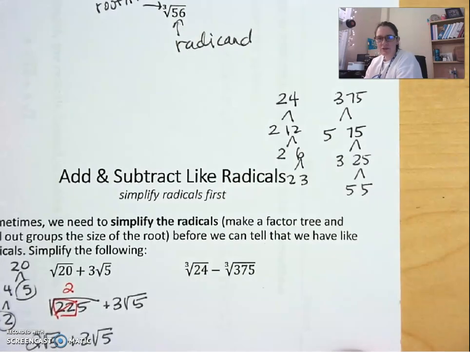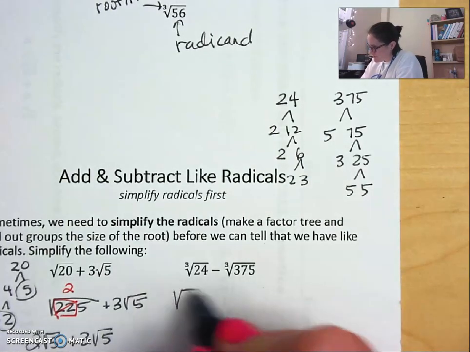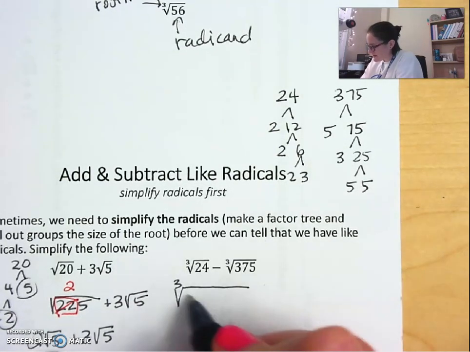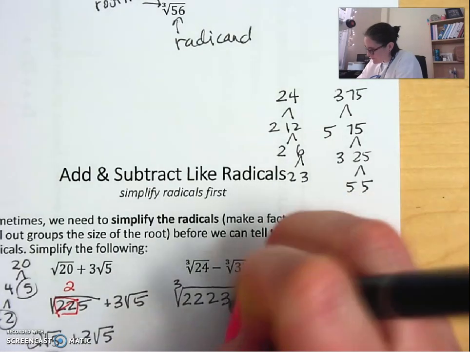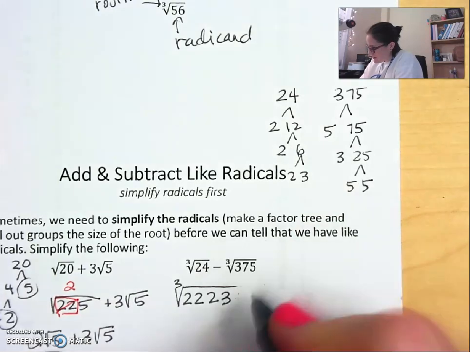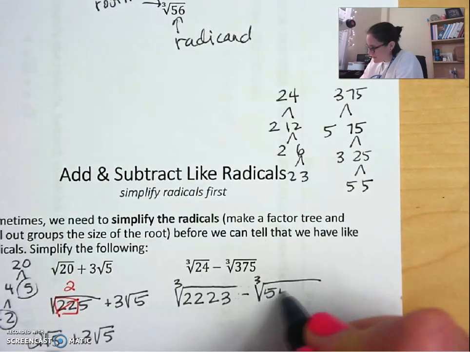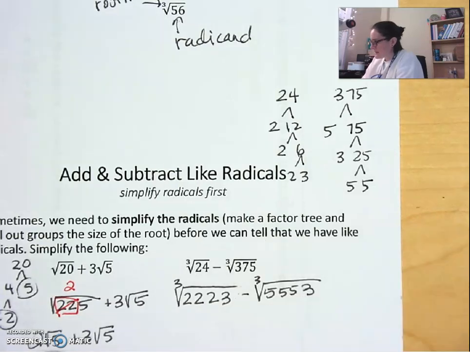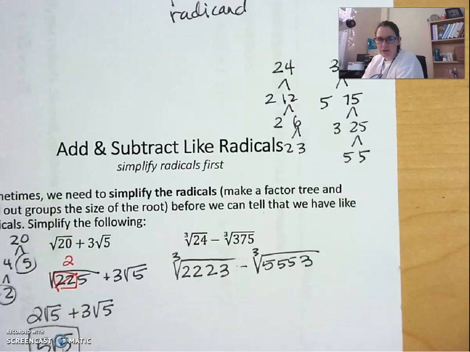So there are my factor trees. I'm going to collect all the numbers that are at the ends of branches. So 24 rewrites as 2 times 2 times 2 times 3. 375 rewrites as 5 times 5 times 5 times 3. Because my root is 3, I'm simplifying in groups of 3.